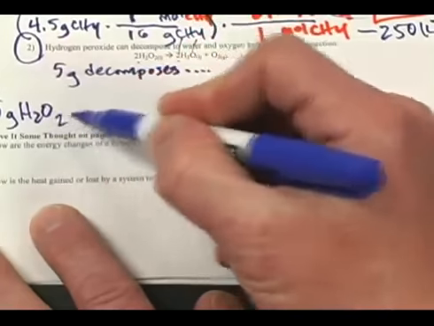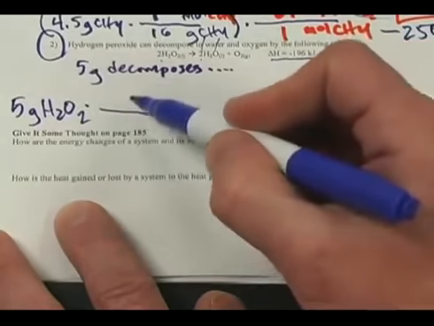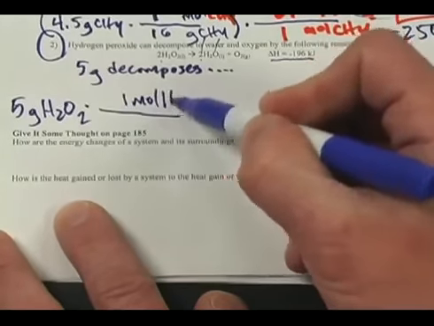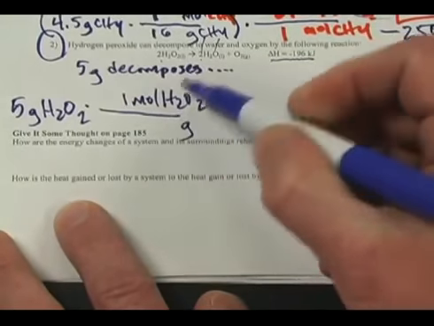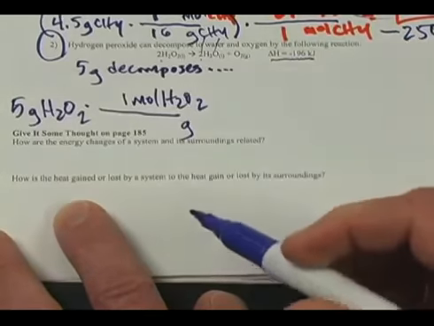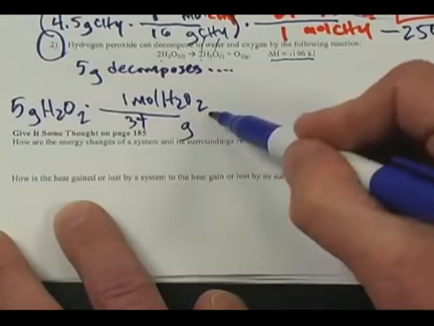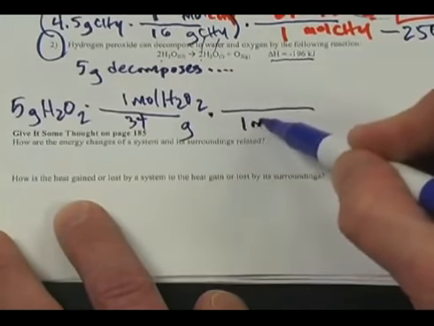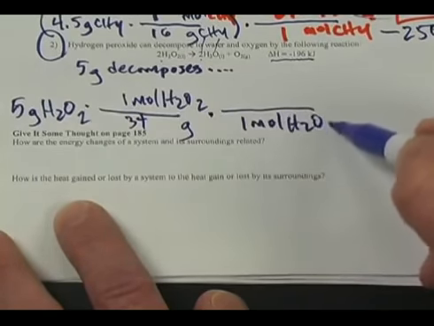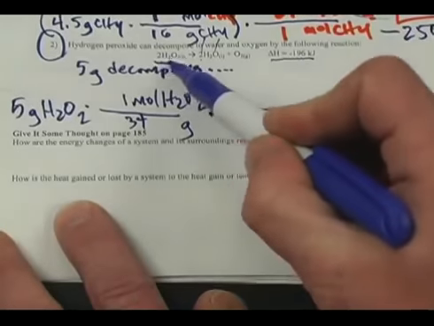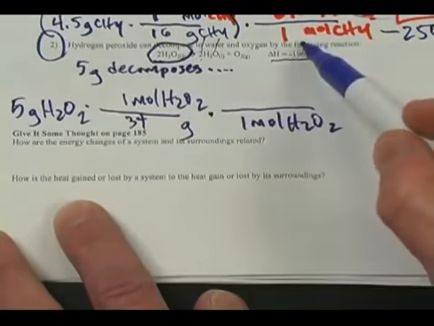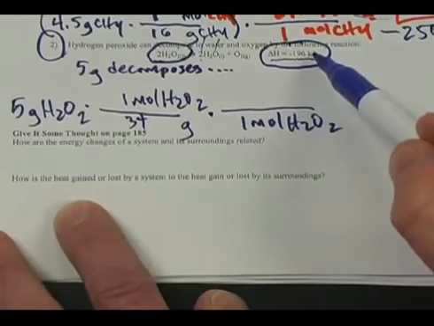So same type of problem that we just did, except now we're starting with 5 grams of H2O2. And we need to convert that to moles. And in 1 mole of H2O2, we need to add up 2 oxygens, which is 32, plus 2 hydrogens, which is 34. It'd be 34 grams. And for every 1 mole of H2O2, I'm going to make an error, because what's the relationship between H2O2 and our enthalpy right here?